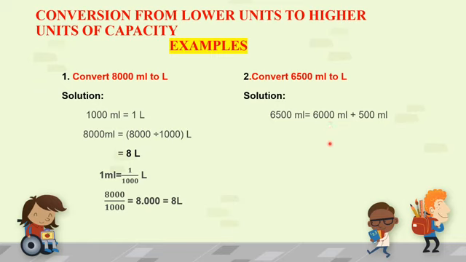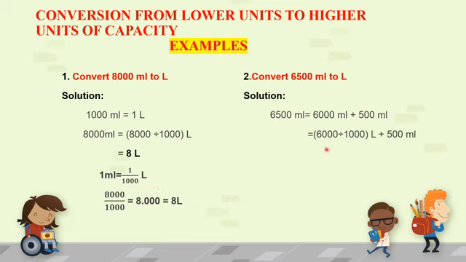How are we going to convert lower to higher? By division, LHD. So we will divide it by 1000. Why are we dividing it by 1000? Because 1 milliliter equals 1 by 1000th liter.